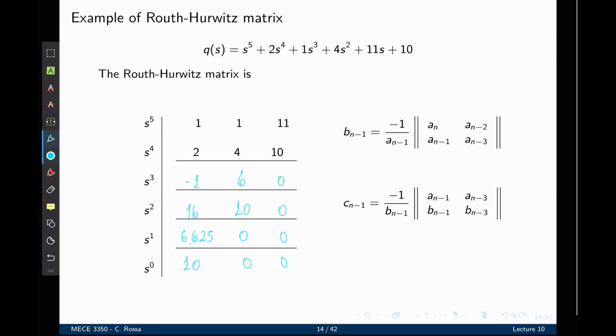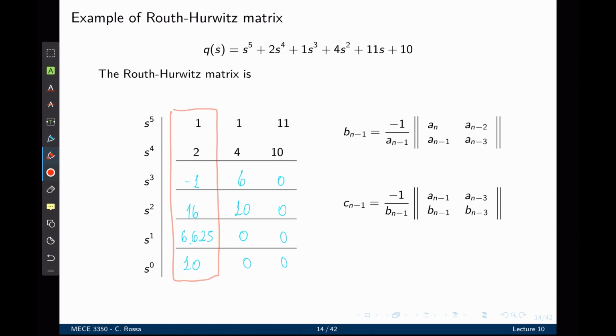Now that the Routh array is completed, we can assess the stability of the system by looking at the number of sign changes in the first column. Here is the first column. How many sign changes are there? From 1 to 2, no sign change, positive numbers. From 2 to negative 1, 1 sign change, from positive to negative.